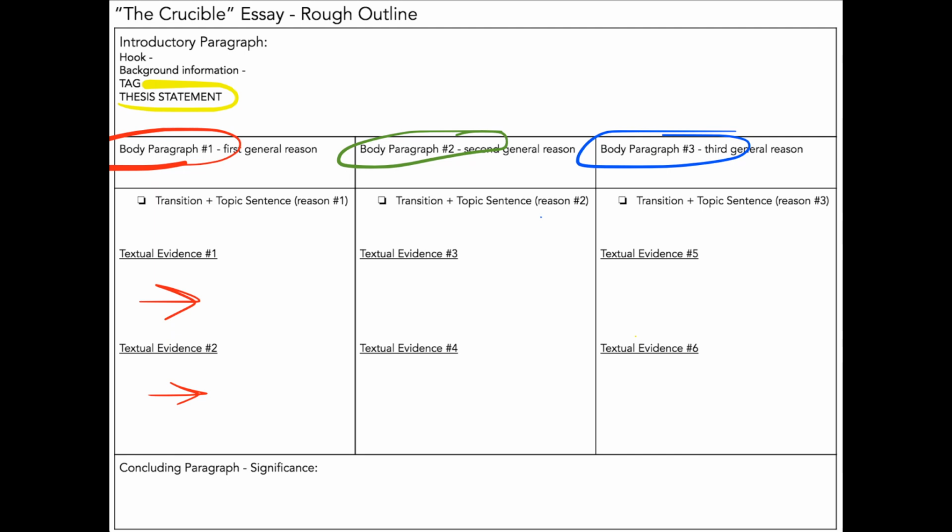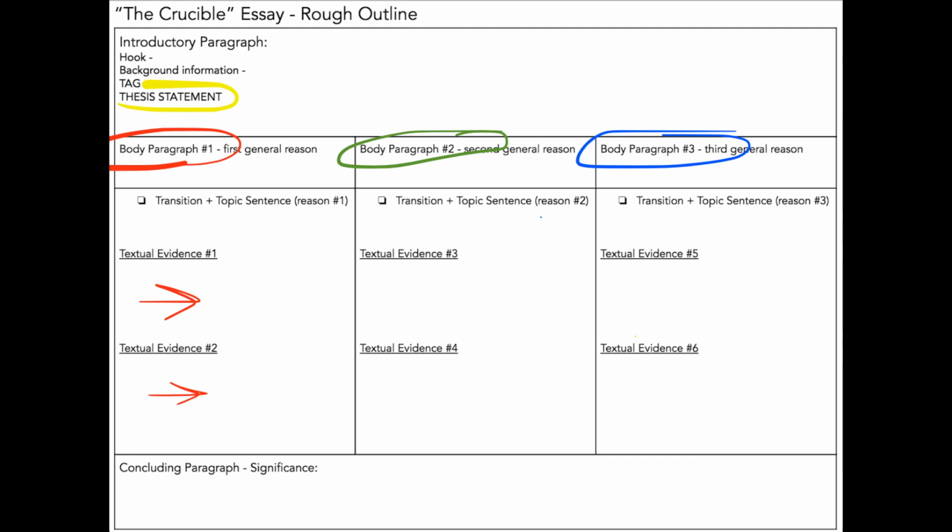I said there are sacrificial characters, there are legalistic characters, and then there's the silent majority. So I would put the sacrificial characters in the red column, the legalistic characters in the second column, and finally the silent majority in the third column.